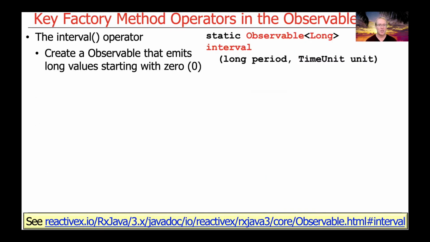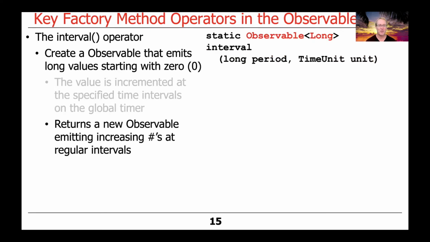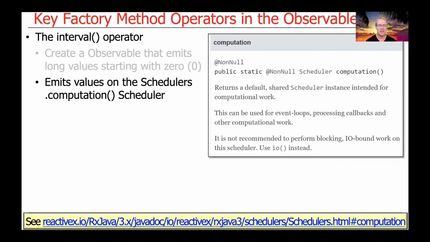Let's now turn our attention to the interval operator. This operator creates an observable that emits long values starting with the value 0. The value is incremented at a specified time interval using a global timer with this particular version of interval. It returns a new observable that will emit increasing numbers at the regular intervals that are specified by the period and the time unit.